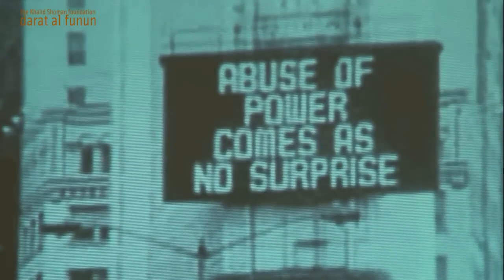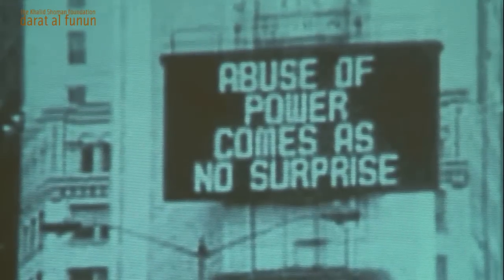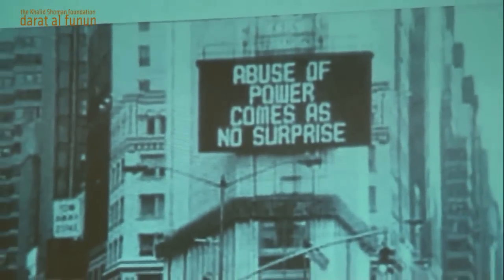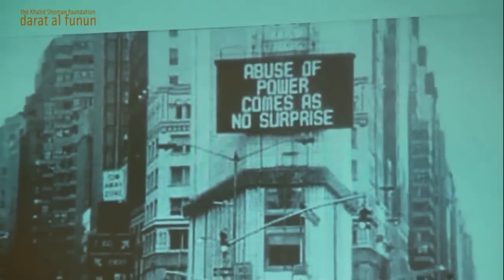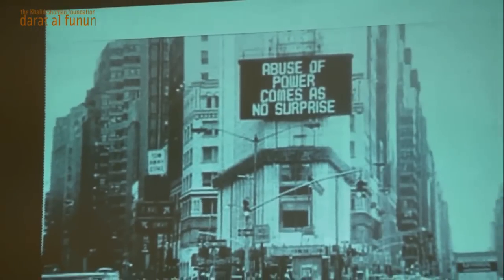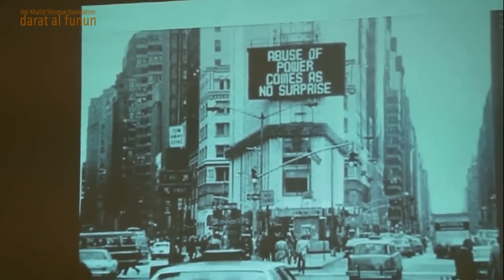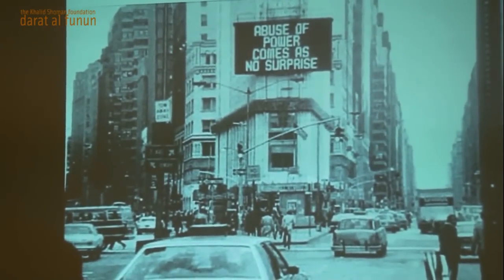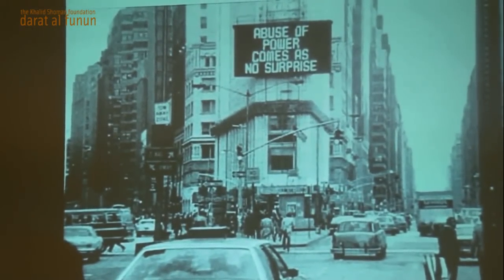She only ever uses text, just only text. But she will use public advertising space. So the borders become even more muddled: if you're looking at Times Square, are you looking at advertising, or are you looking at art?